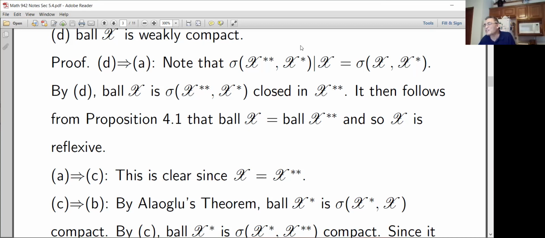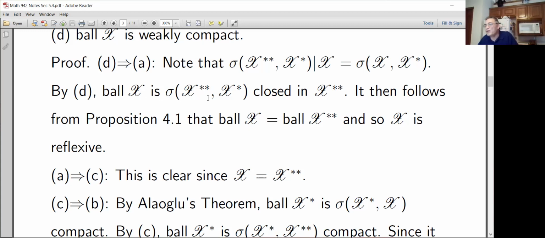But this topology is the same as this topology. So ball X is compact in this topology. Compact must be closed. So this ball X is closed by this topology.